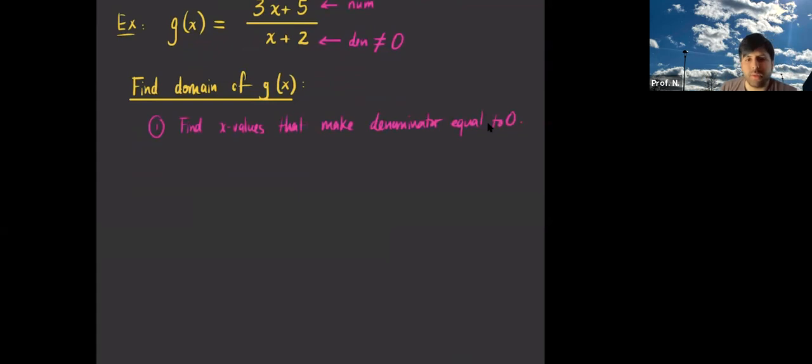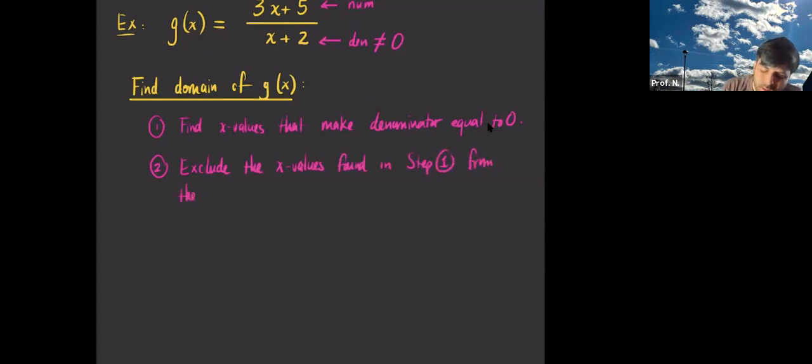Once I find those x values, then I exclude the x values found in step 1 from the number line and include everything else. So that is what we're doing.